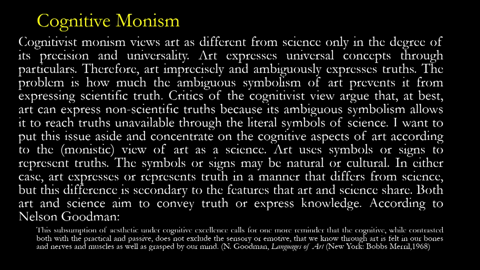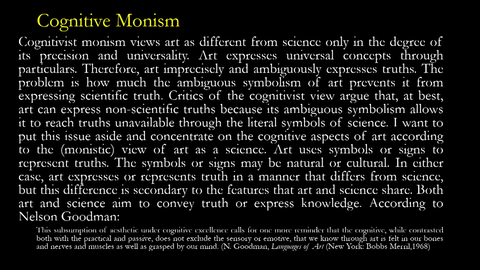According to Nelson Goodman, this subsumption of aesthetic under cognitive excellence calls for one more reminder that cognitive, while contrasted both with the practical and passive, does not exclude the sensory or emotive. What we know through art is felt in our bones and nerves and muscles as well as grasped in our mind.